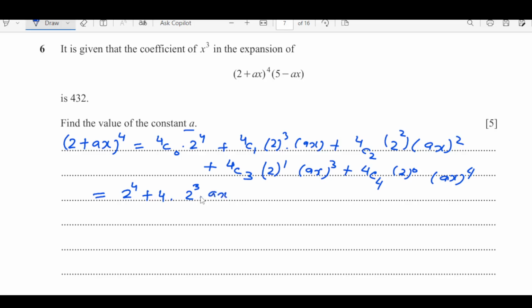So, we are done with this term. Then 4C2 is 6, and 2 squared is 4, times (ax) squared.